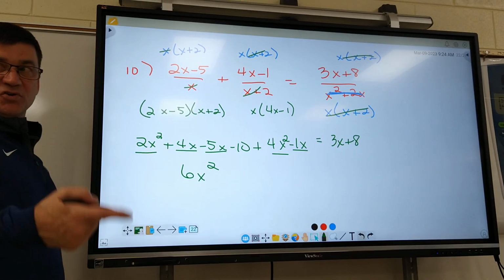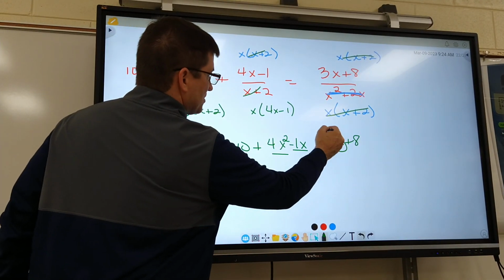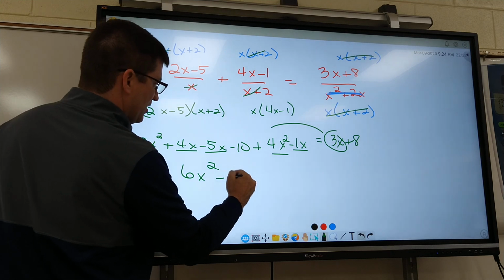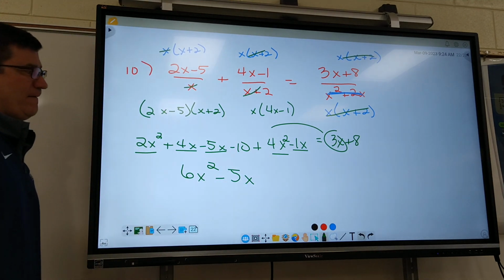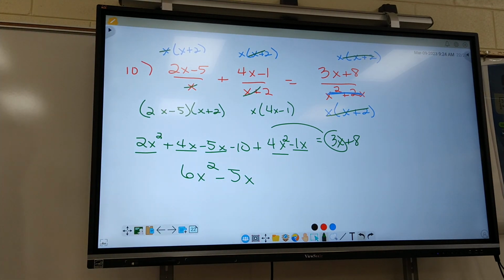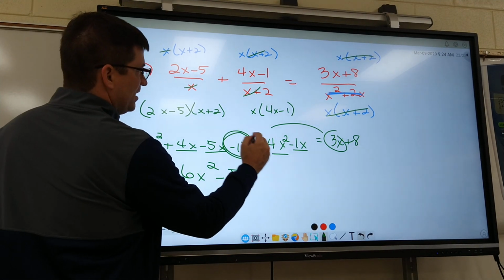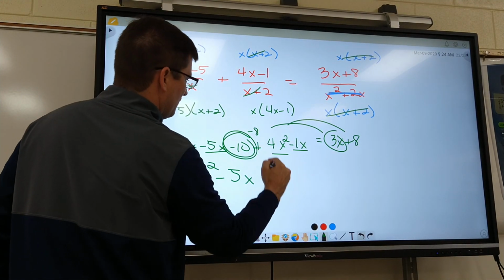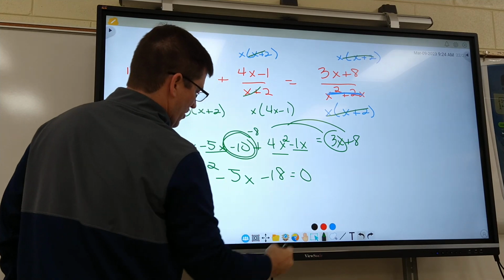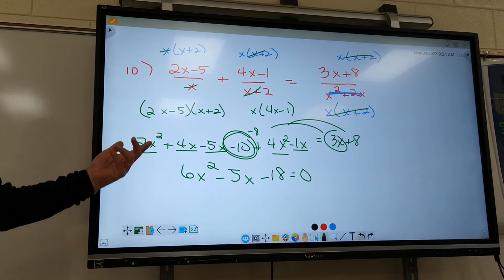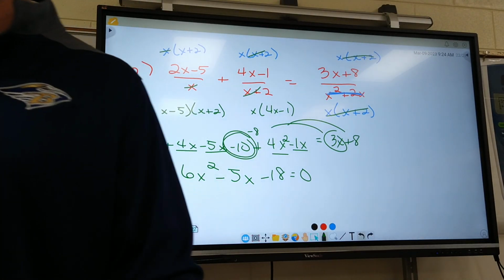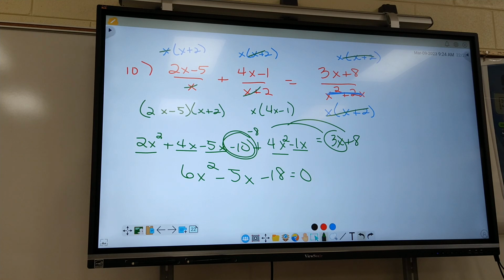That gives you negative 2. But then I'm going to bring over positive 3, make it a negative 3, so I'm going to get negative 5x there. I got a negative 10. I bring over 8, make it negative 8. That's negative 18. All right, so to find your answer, you would do quadratic formula for that. You guys do quadratic formula. We're going to stop there.